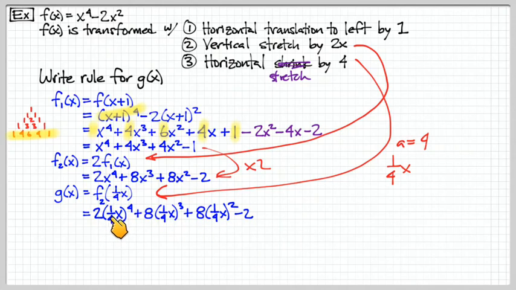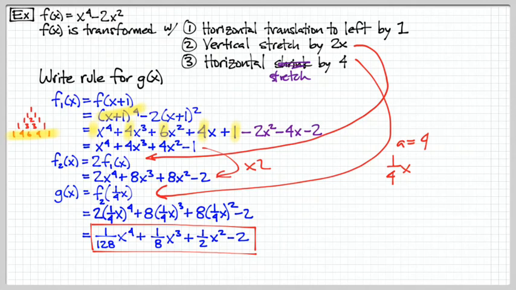Now be very careful here. These parentheses are very important. I need to raise 1/4 to the 4th power here. So 1/4 to the 4th power is 1 over 256 times 2. It's 1 over 128. This is my expanded form after all the translations, stretches, and the horizontal stretch.